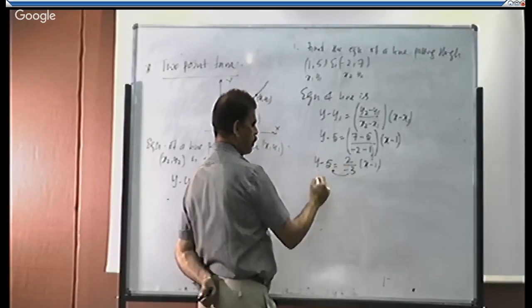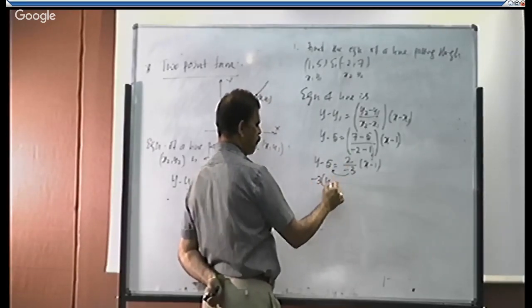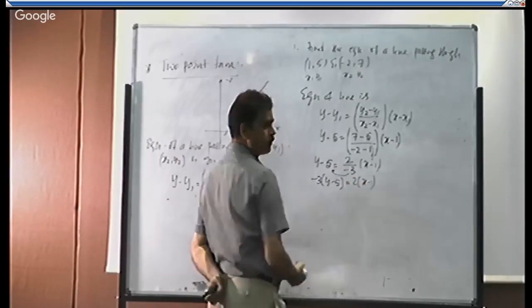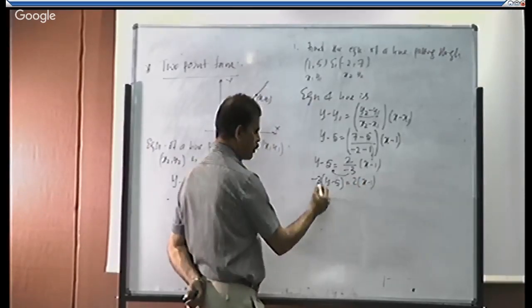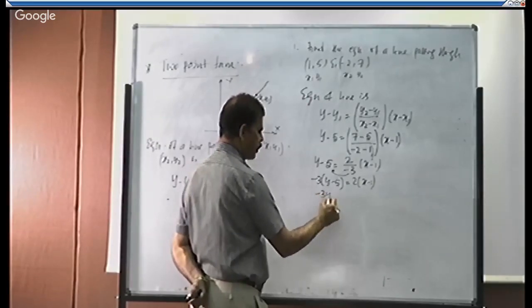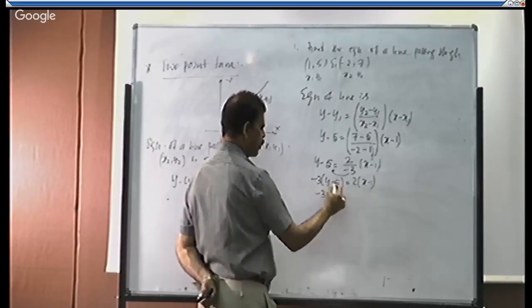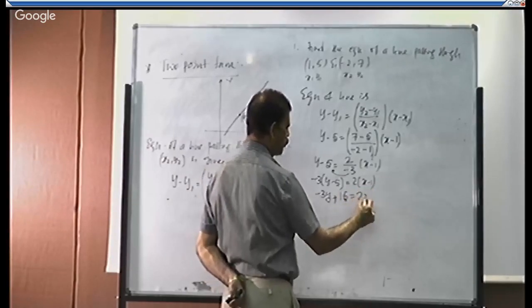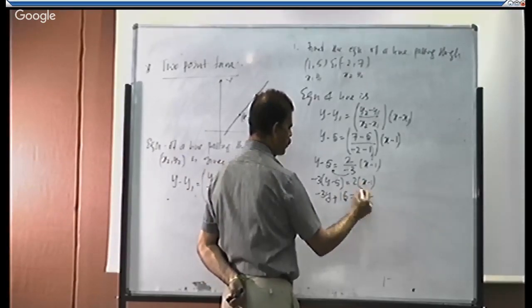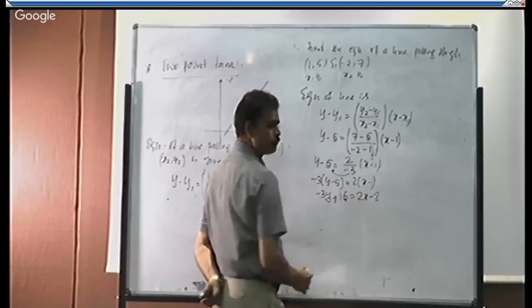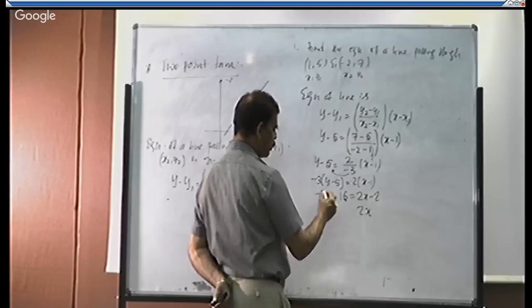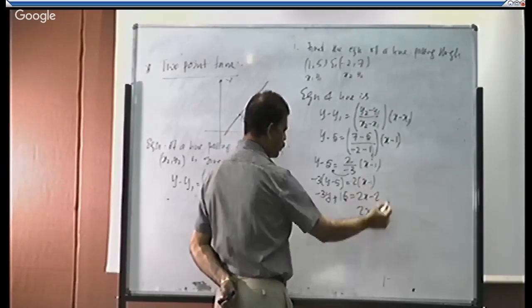Cross multiply. Minus 3 into y minus 5 is equal to 2 into x minus 1. Remove the bracket. Minus 3y plus 15 is equal to 2x minus 2. Transfer this y term to the other side.